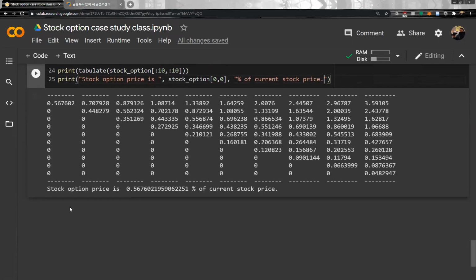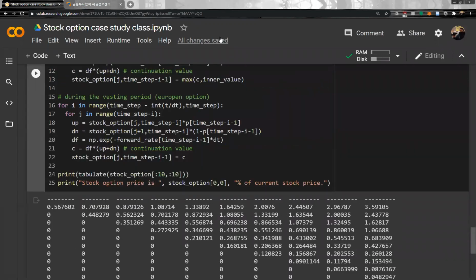Okay, so the stock option price is this percent of the current stock price. So we are done. This is the stock option price. Thank you.